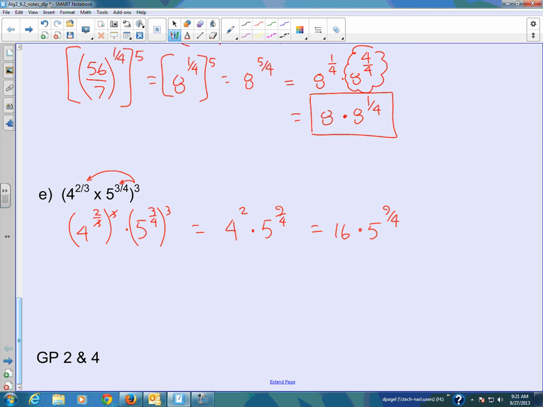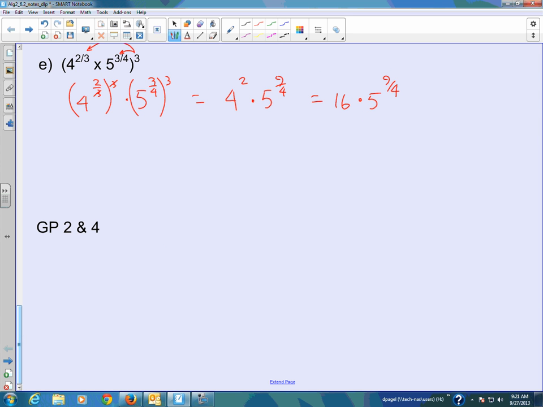And then once again, I've got that improper fraction, so I can pull out a whole component. So 16 times 5 to the 4/4 and 5 to the 5/4.